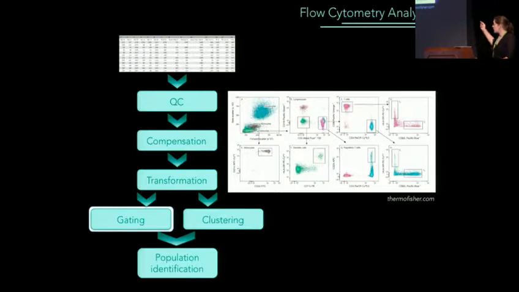So for instance, here, if you follow the green, I have a pointer. Okay, so you start here in that lower corner with the green population. Those are lymphocytes, which you know based on the size. This is side scatter, forward scatter.